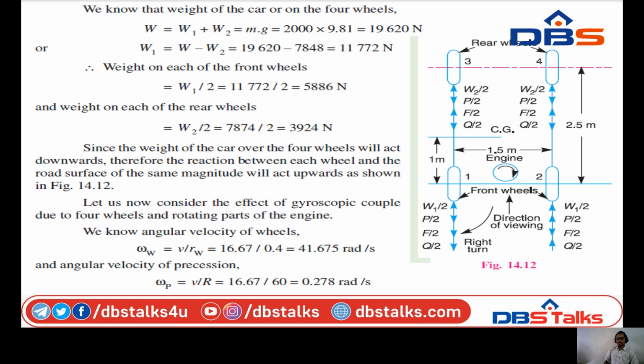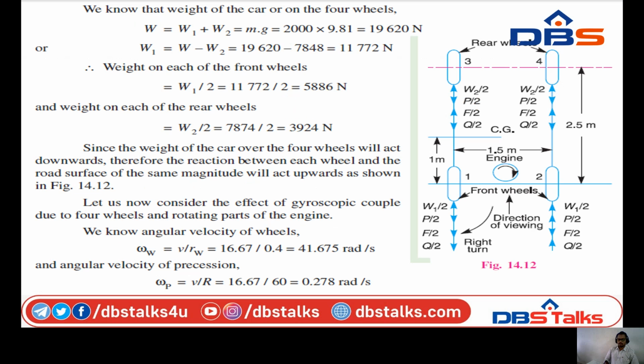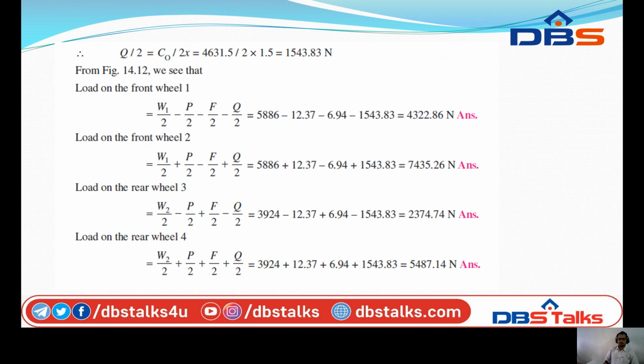In the same way, let us see from the figure what is the front wheel 2. Here the weight, that is W1 by 2 plus P by 2 plus Q by 2 minus F by 2. The diagram shows the representation of the directions of the arrow marks, upward and downward. Downward is negative, upward is positive.